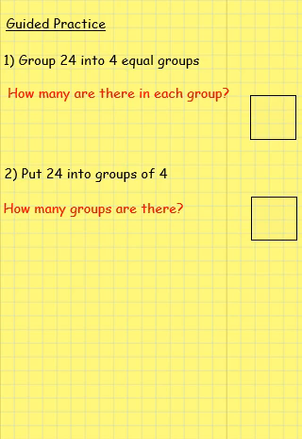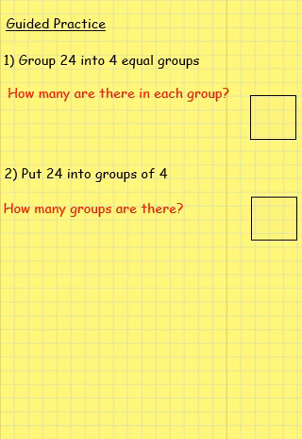We're going to have a look at some guided practice questions now. And the first one is asking you to group 24 into 4 equal groups. Have a think about that question carefully and what we've just looked at, thinking about grouping into 4 equal groups. It doesn't matter how many there are in total, we're looking at the fact that there are 4 equal groups.